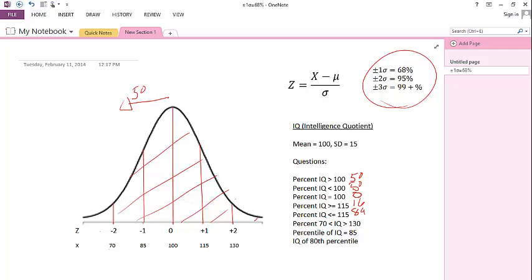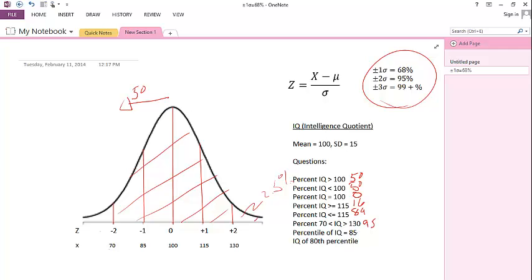So that's 95% what I shaded in. And that means that there's 2.5% less than 70, and there's 2.5% greater than 130. So what's the odds of the IQ being between those? It's 95%. Again, it's important to remember, so the tail, this area right here, would be 2.5%.